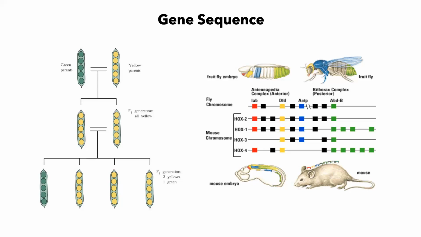So this is an example of a gene, and we can see how the gene is actually related to the phenotype. And so mutation in these genes causes homeotic transformations. Homeotic transformations were first identified and studied by William Bateson in 1894, who coined the term homeosis.